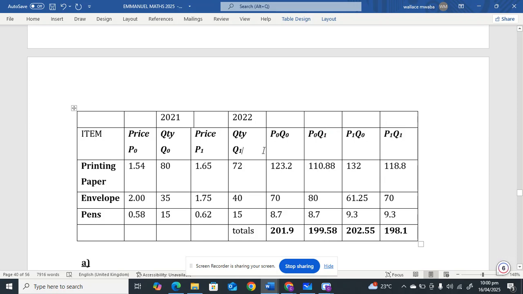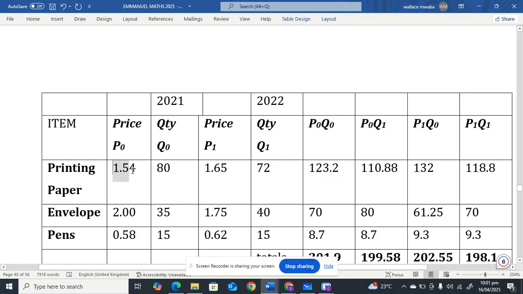So after you've labeled P0, Q0, P1, Q1, you're going to just be multiplying the price times quantity. In this first column, we're multiplying the price of the base year times the quantity of the base year, meaning 1.54 times 80. Let's get our calculator so we make sure that everything is accurate. 1.54 times 80, what do we get?